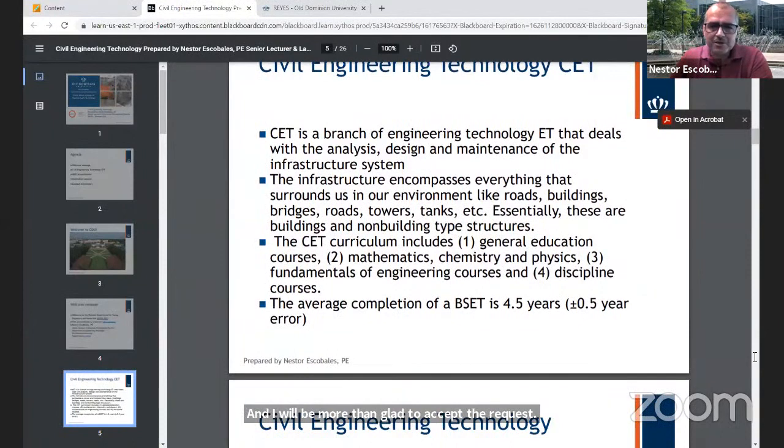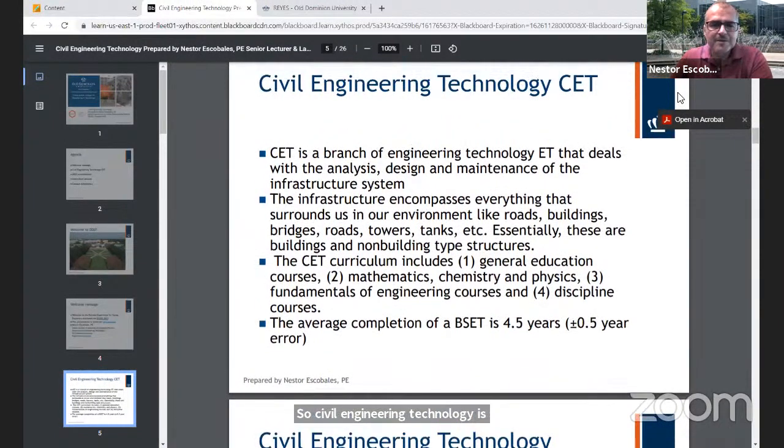So civil engineering technology is a branch of engineering technology that deals with the analysis, design, and maintenance of the infrastructure system. This is essentially everything that we have out there: roads, bridges, buildings, towers, dams. I mean, everything.